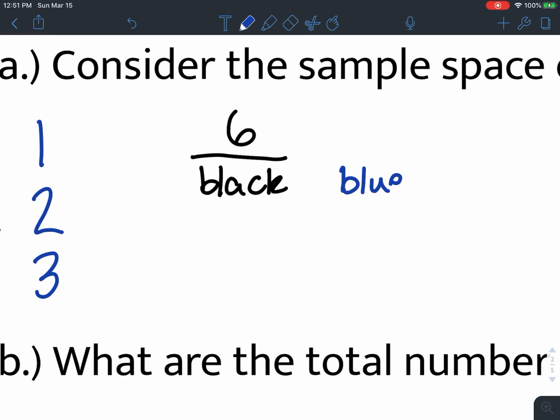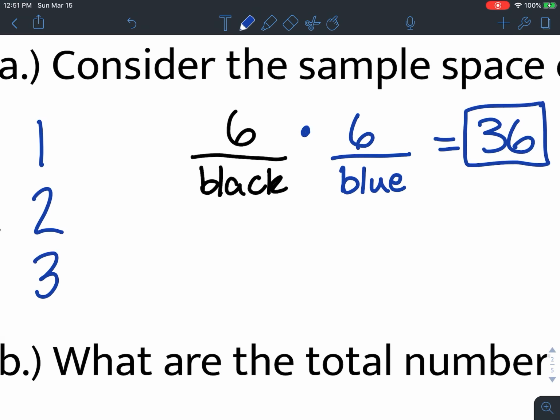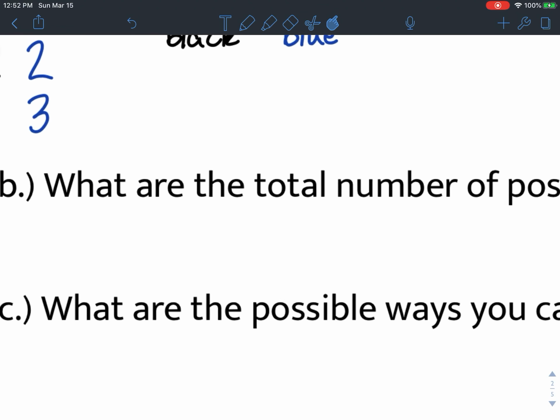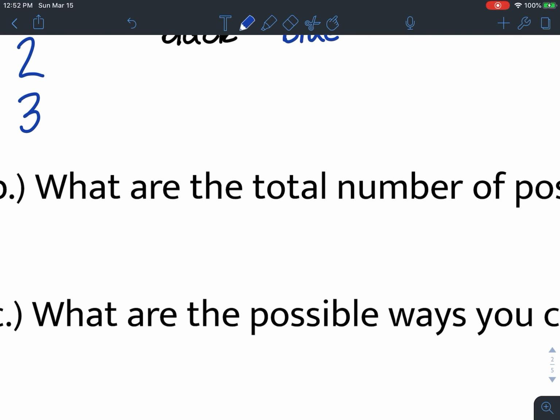How many different ways could you roll on the blue die? 6. And the fundamental counting principle that we learned last week tells us that we should multiply these together. So there are 36 possible outcomes that could happen when you roll 2 dice. And coincidentally, that's the answer to the next question.